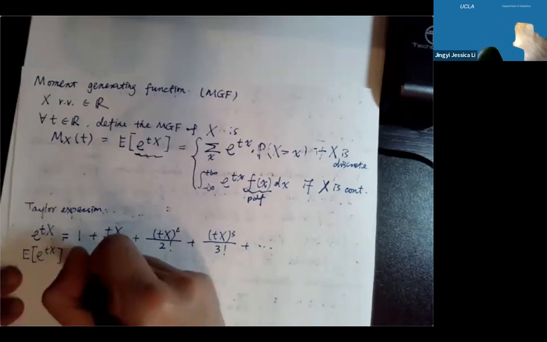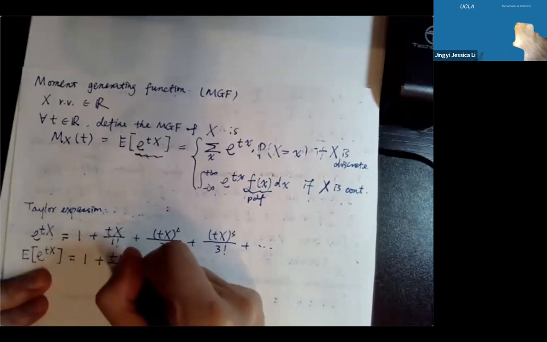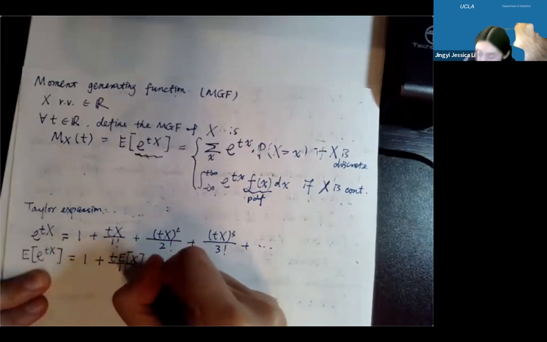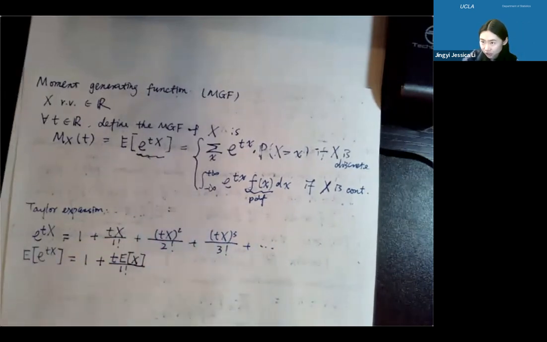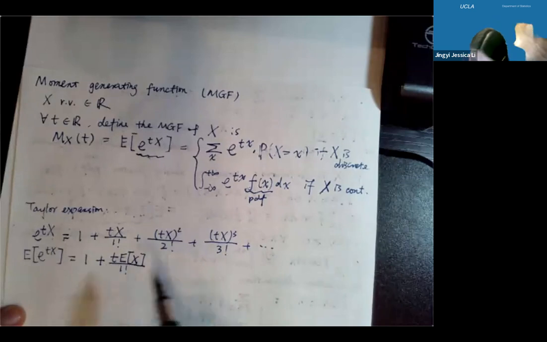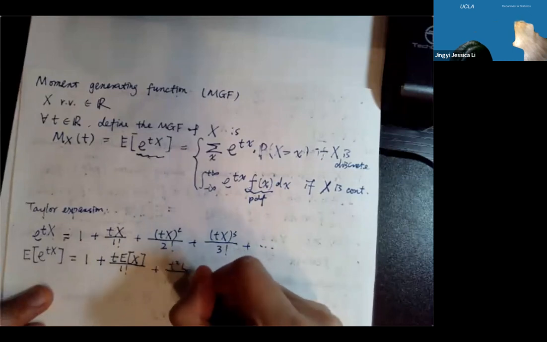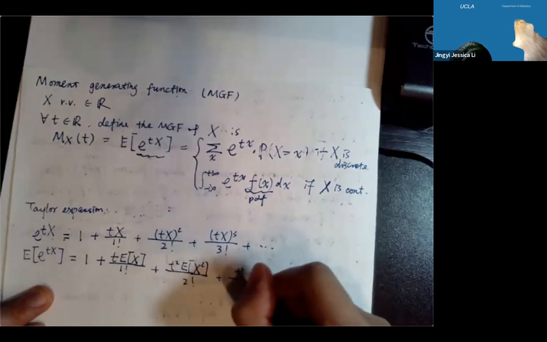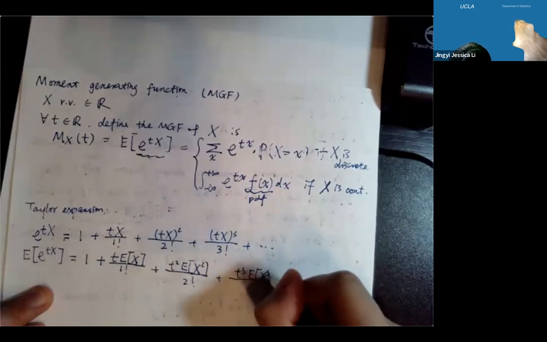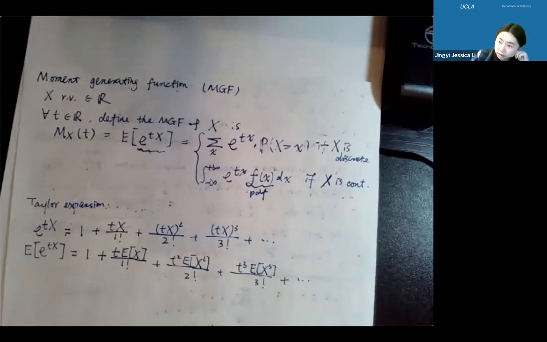And to the right-hand side, I would just have 1 plus, you see, and this is a property, that is, we can make the expectation enter each term in the sum, and we can get t out because t is not random, so we only keep the random terms in the expectation, okay, and so on, plus t squared expectation of x squared plus t cubed times expectation of x cubed, and so on. So you see, I'm having the moments.